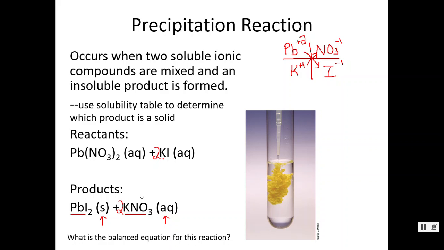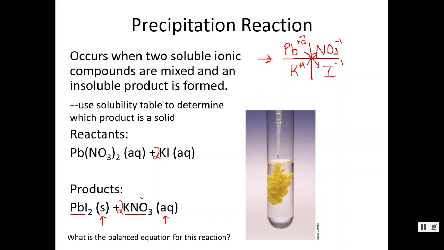We were able to predict the products doing this little crisscross for the double displacement. The cation of one gets paired with the anion of the other, making sure that when we put ions together, the overall charge of that molecule is 0. Then determining states from the solubility rules, and then balancing the equation by using coefficients.